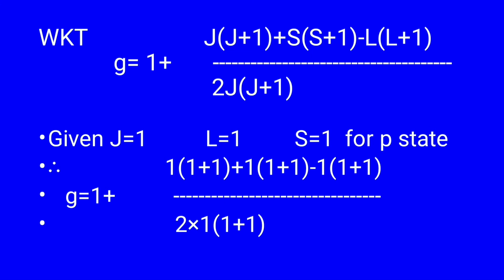Here given data J equal to 1, L equal to 1, S equal to 1 for P state. Therefore, g value equal to 1 plus 1 into 1 plus 1 plus 1 into 1 plus 1 minus 1 into 1 plus 1 divided by 2 into 1 plus 1.